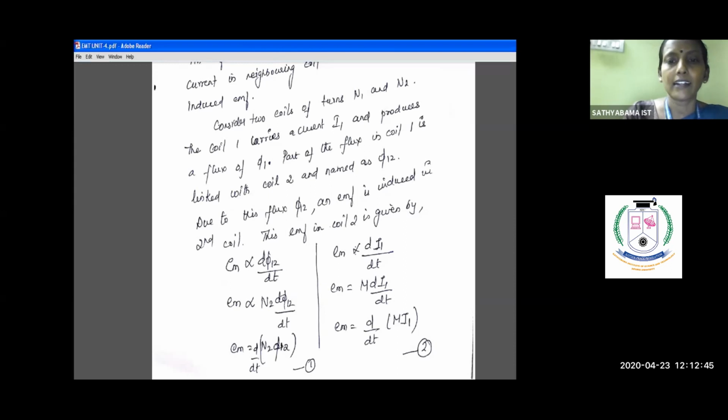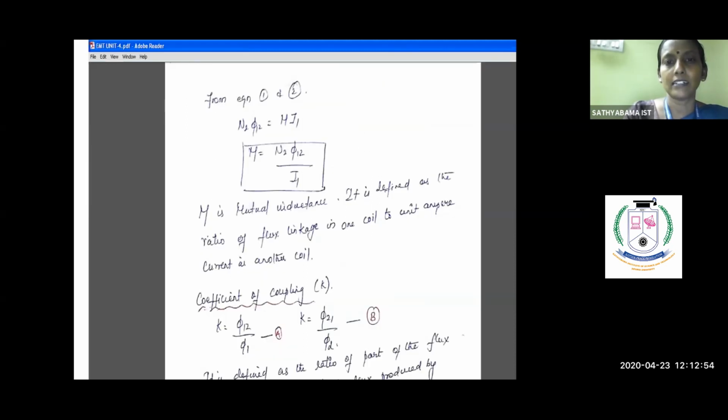So it is proportional to dI1 by dt, and the proportionality sign is replaced by M. Comparing 1 and 2, I can write M is equal to N2 phi12 by I1. M is called the mutual inductance, and we know that N and phi together are called the flux linkage. So the definition is the ratio of flux linkage in the second coil to the current in the first coil.